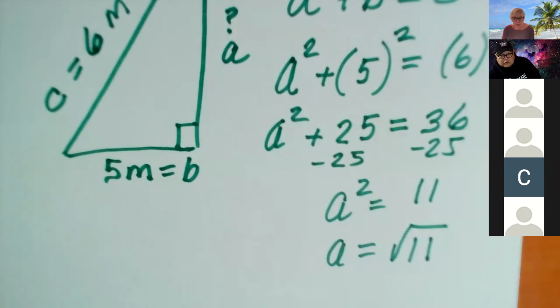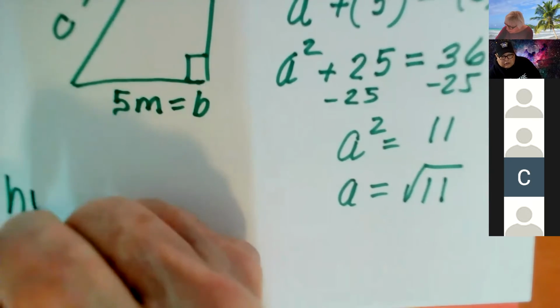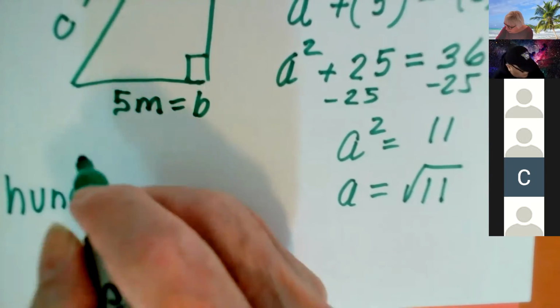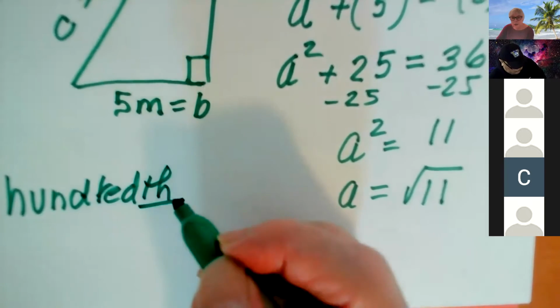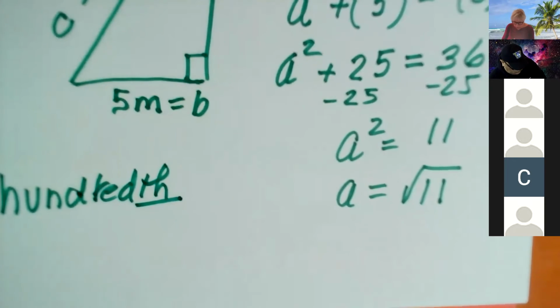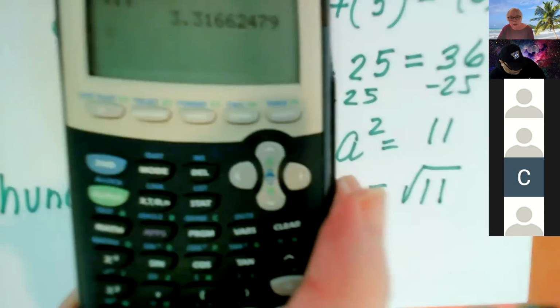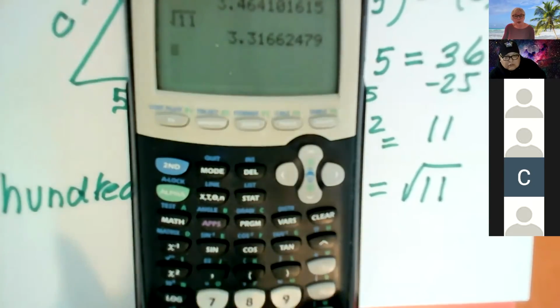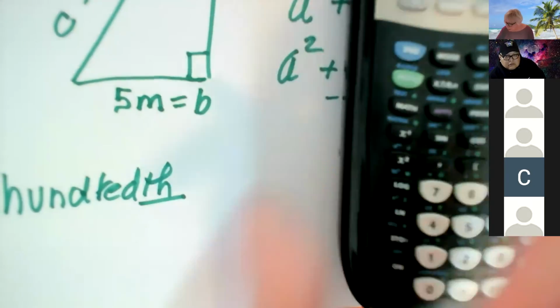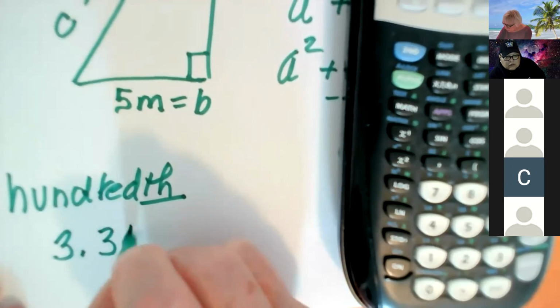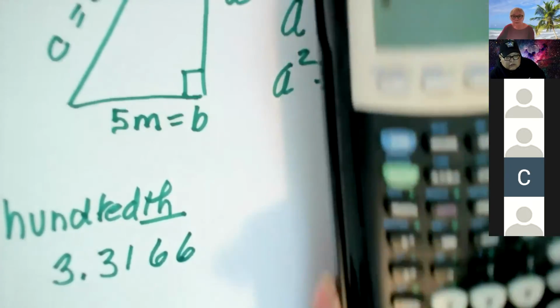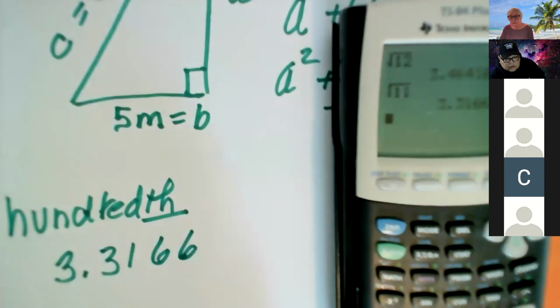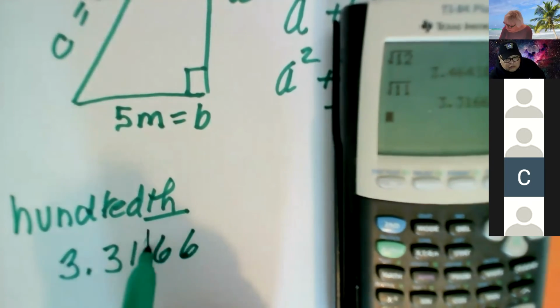If they said round it off to the nearest hundredth, let's do that. So there's the square root of 11, 3.3166, right? So it's 3.32. That's right.